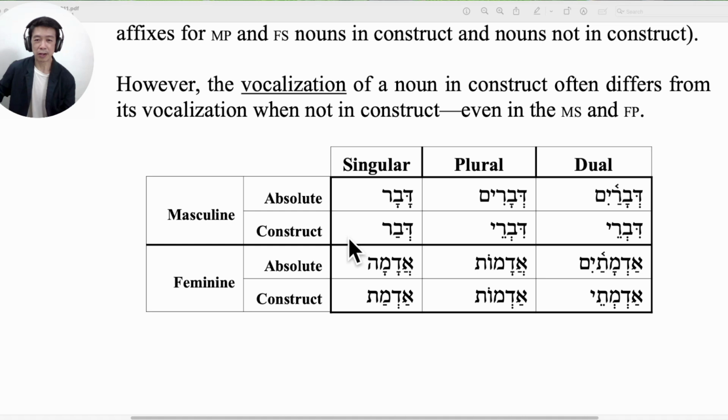So here are the singular, plural, and dual forms of the word davar. In absolute form, it is davar. In construct form it becomes devar.